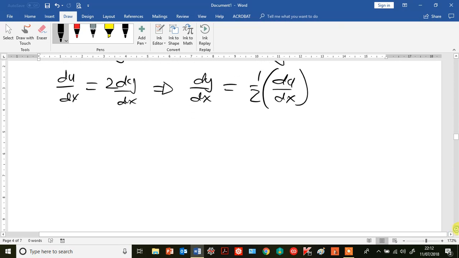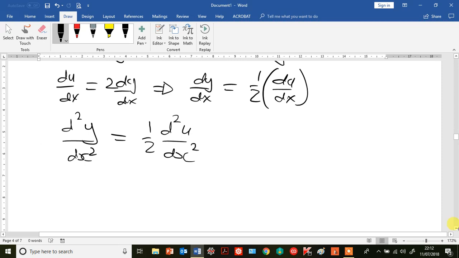So, as I've suggested, we differentiate twice y with respect to x, and that is equal to a half times the second derivative of u with respect to x.